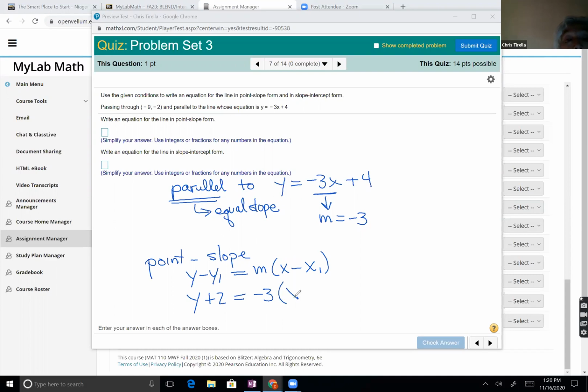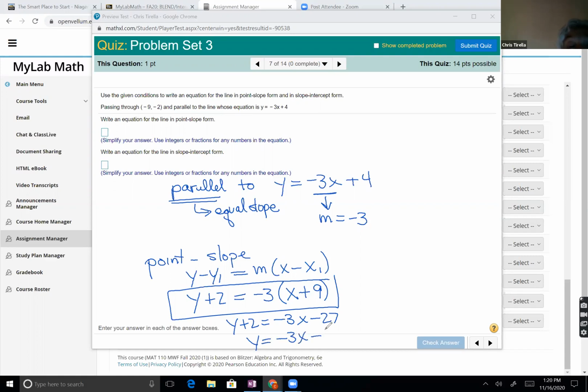And it would be x minus the x value, which is x plus 9. And then for slope intercept, we'll go ahead and solve this for y. Y plus 2 equals, distributing, -3x minus 27. And then subtracting 2, we get y equals -3x minus 31.